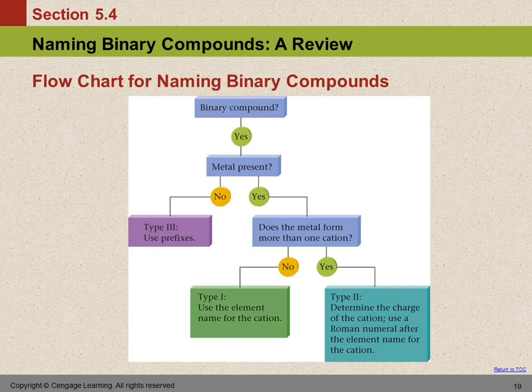If there is a metal present, then you have to go down this side and ask, does the metal form more than 1 cation? What we're looking for there is, is it in group 1, 2, or 3? If it's in group 1, 2, or 3, it only forms 1 kind of cation, and we just use the element name. If it's not in group 1, 2, or 3, then we have to specify with a Roman numeral.